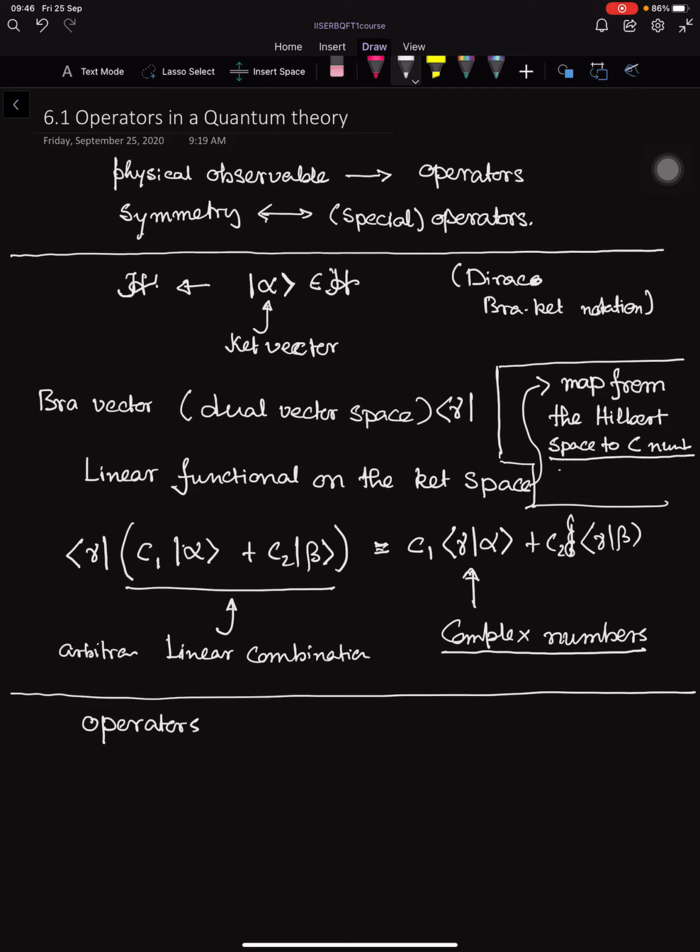It means that given a ket, a bra vector maps it to complex numbers. So they are maps, they are actually linear maps from the Hilbert space to complex numbers.